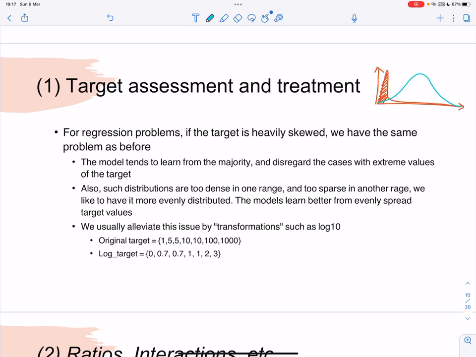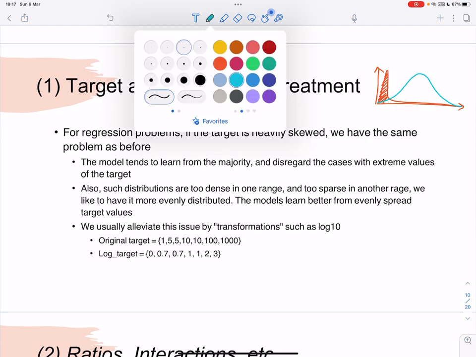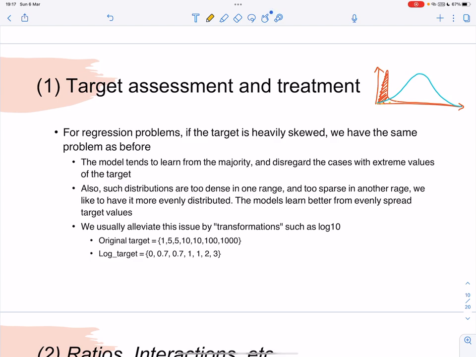So what I showed, let's say there's one distribution that is like this. The blue one is still better than the dashed yellow one because the values are more evenly spread over the range. We want it spread as much as possible.